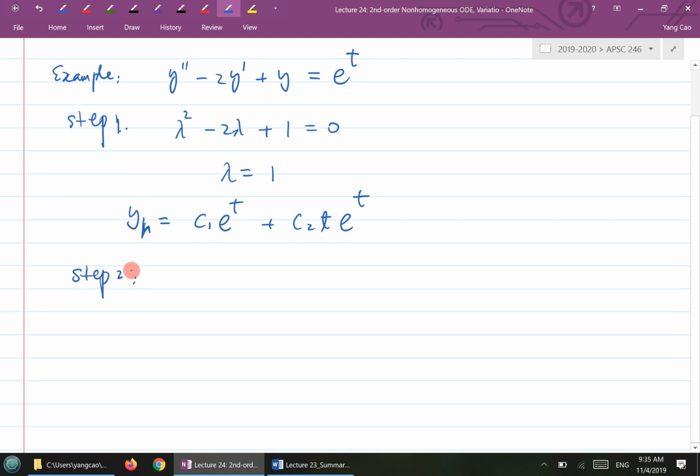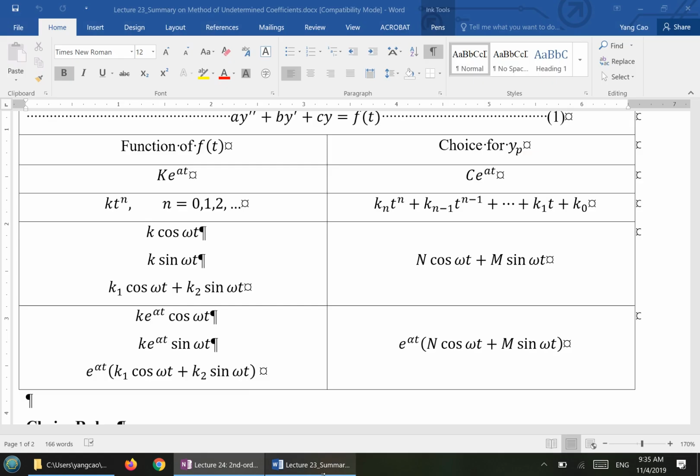Step number 2 is to find this particular solution yp to the non-homogeneous. And this is where we'll look at the table now. So if you look at the table, this is the format of the input, and this is your choice of yp.